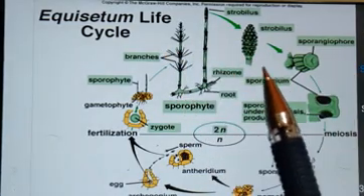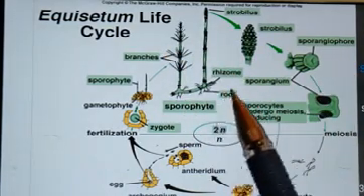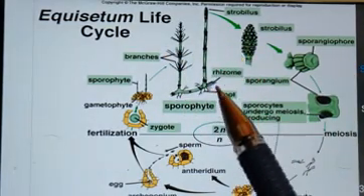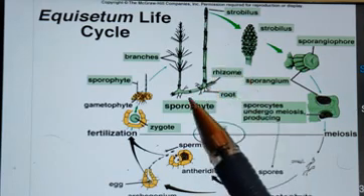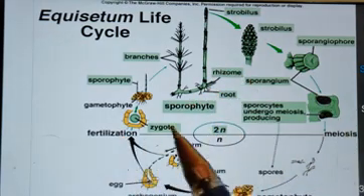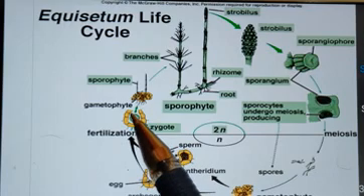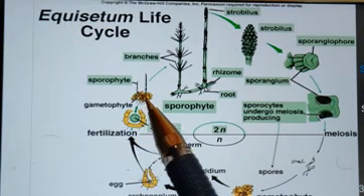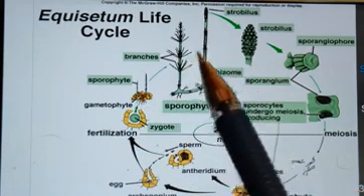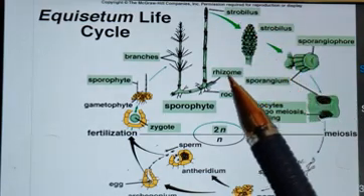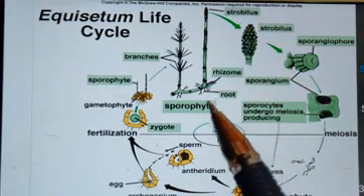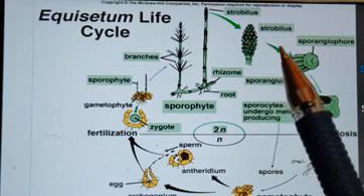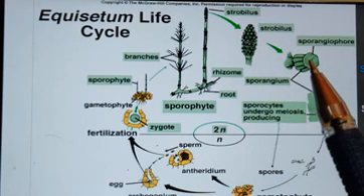You can see here also, this is a very good photograph. You can see the sporophyte, the fertilization, after fertilization the gametophyte again produces the sporophyte, then branch, male and female branch, the rhizomes, roots. Okay, so strobili produce sporangiospores.